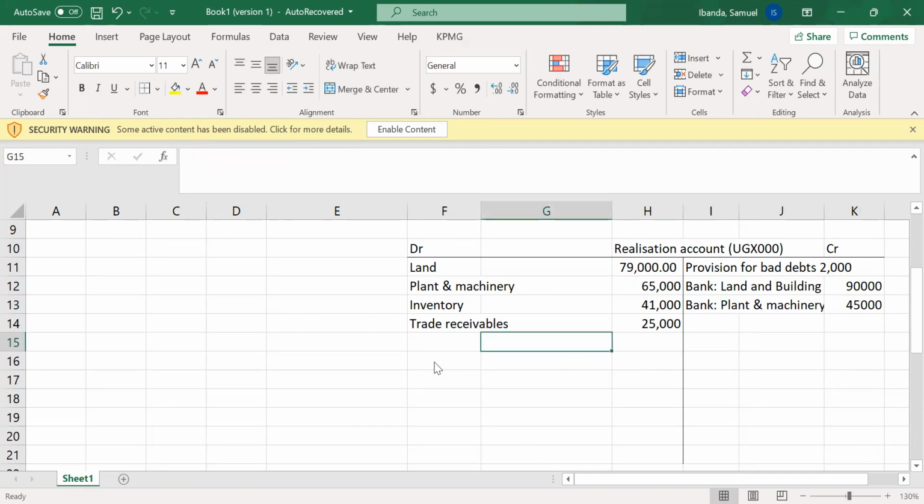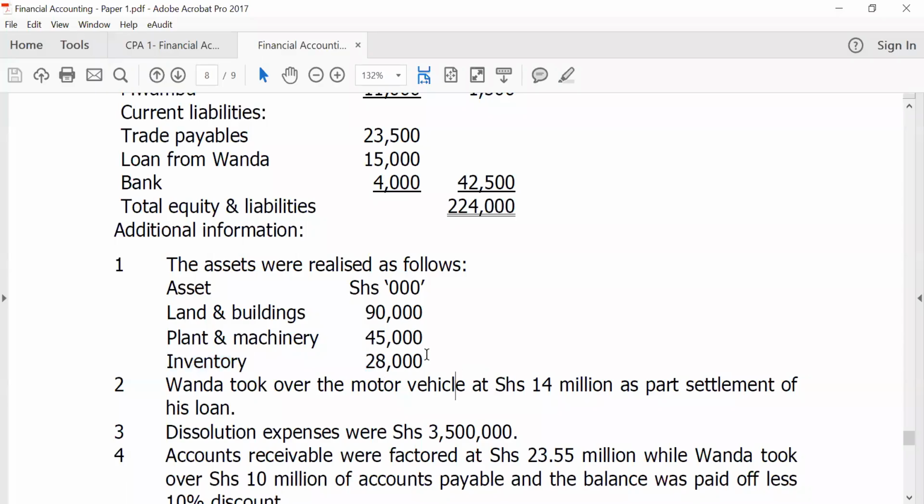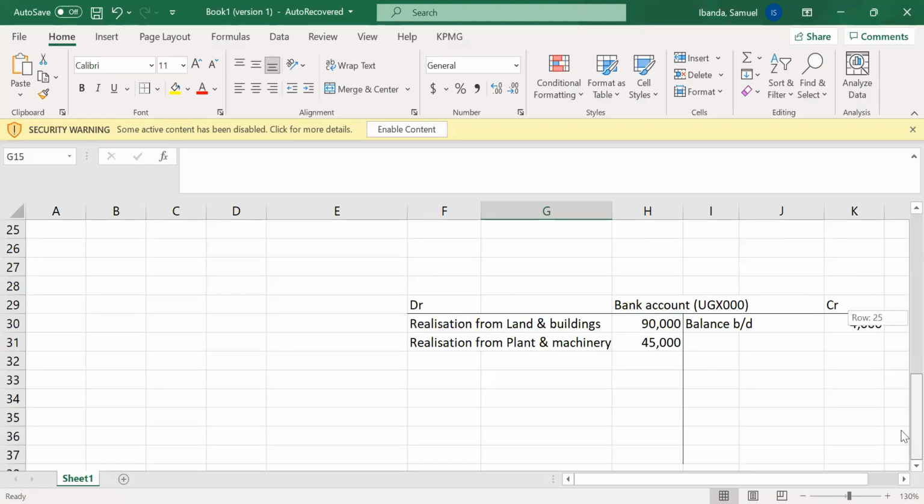So I'll do the same thing for inventory. So you put it here.